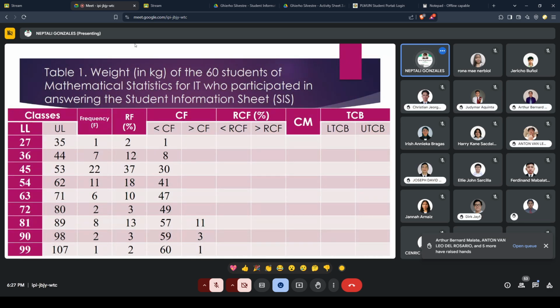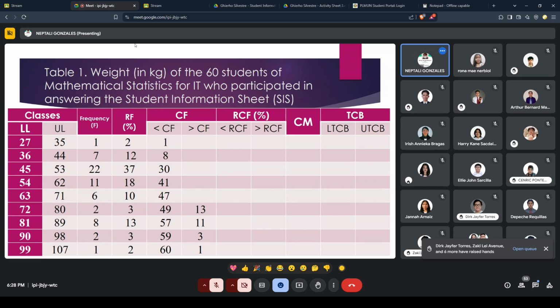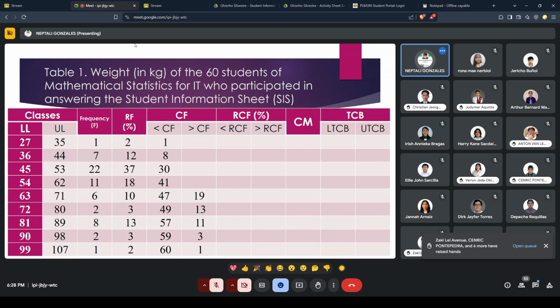Who else? Uy, lahat sila naka-recite na. Let's roll call again from the start. Arthur. 13 po. Okay, 13. Next, Dirk. 19 po, sir. Okay. Next, Zaki. 30 po.